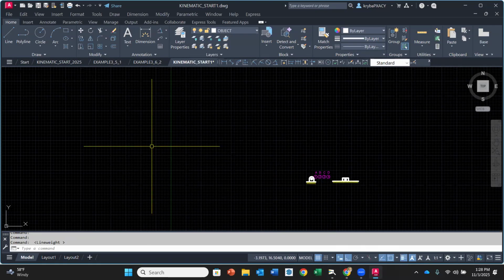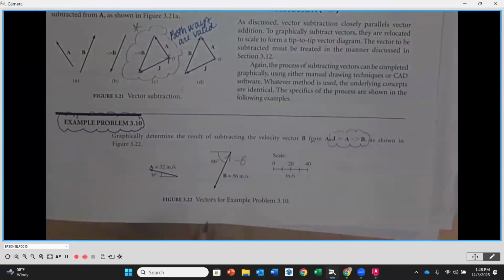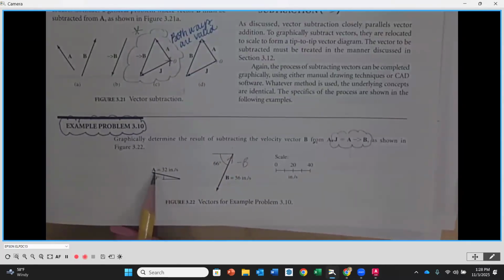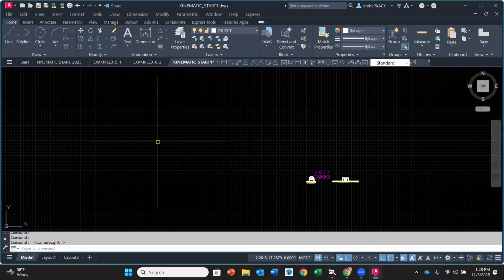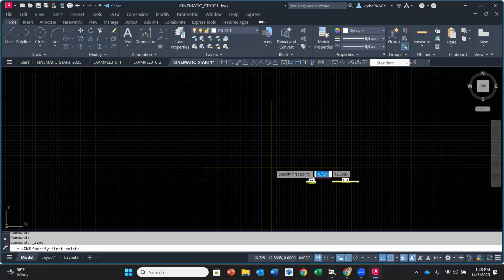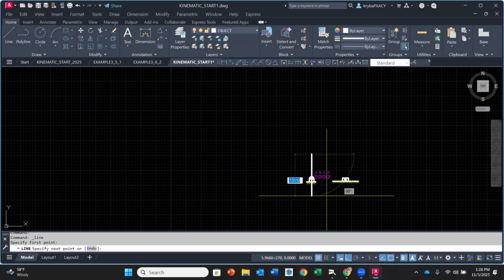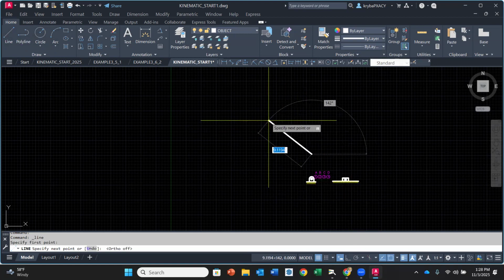We're going to start with our start file, and we're going to draw each one of these vectors. A is 32 units going slightly up and to the right, and it's 9 degrees less than 180 degrees, right? So back over here, I'm going to draw A. Take off my ortho, and it's going to be at 32, tab, and 180 minus 9 degrees. What would that angle be from 0? 171.